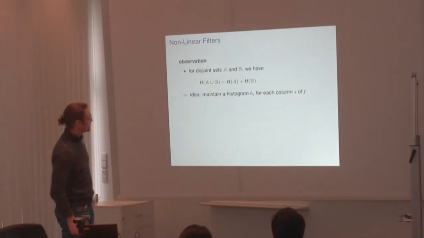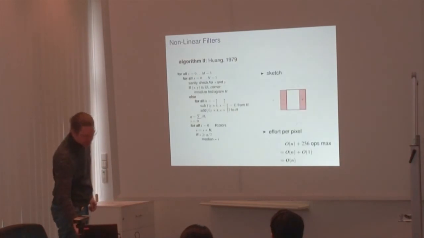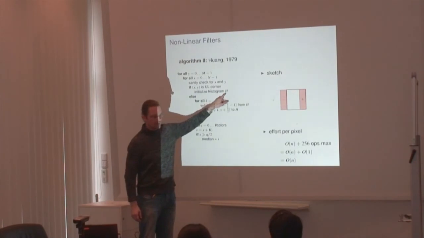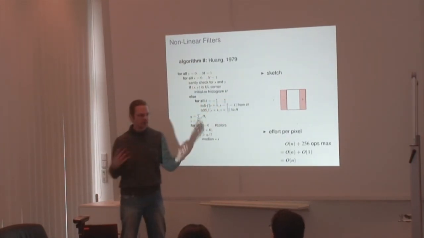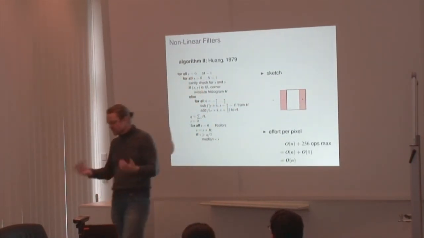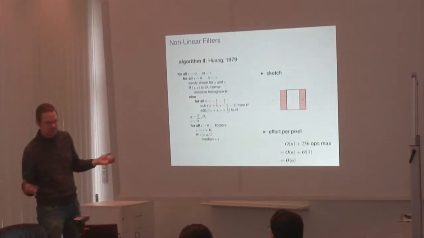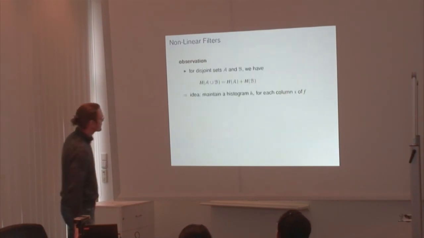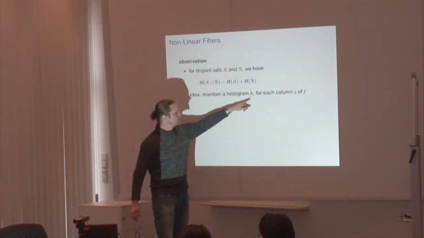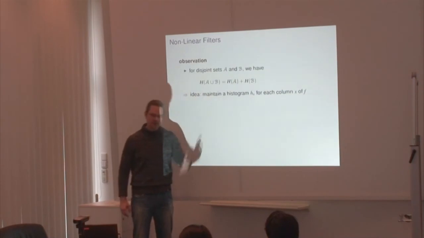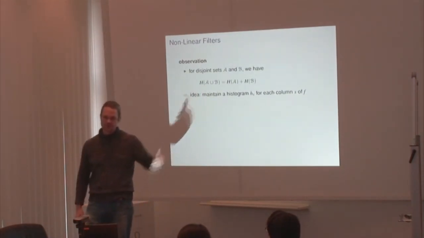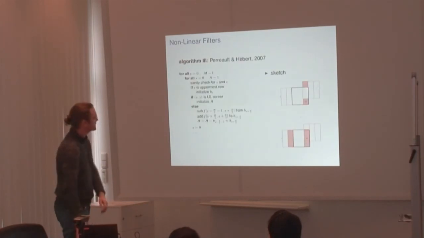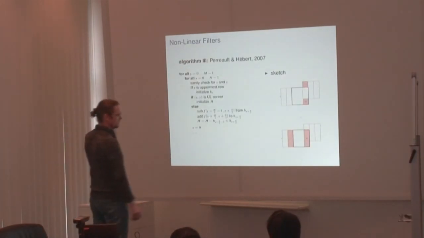And this is what happens here, because in this algorithm, we have one histogram which we adapt locally, just one histogram that has to be updated all the time. And now we will have a histogram for every column in the image. So memory requirements explode, but everything will become very, very fast.